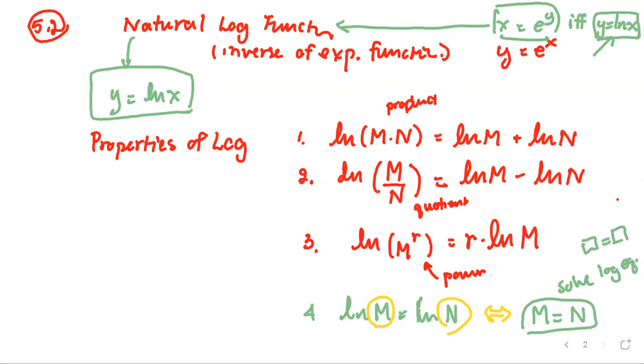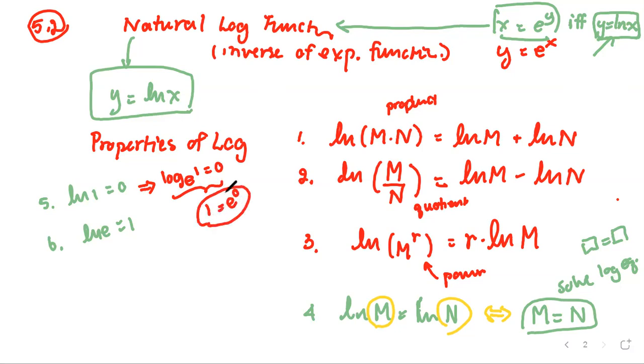And then number 5 and number 6 are based on the same concept: log 1 equals 0 and log e equals 1. Log 1 equals 0 comes from the relationship that y equals log x means x equals e to the power y. It's log base e of the value 1 equals 0, which can be rewritten in exponential form as e to the power 0 equals 1.